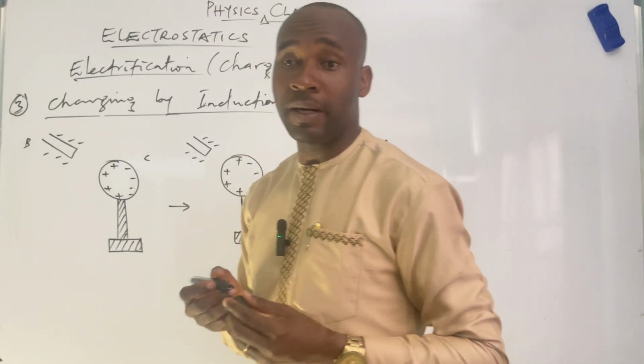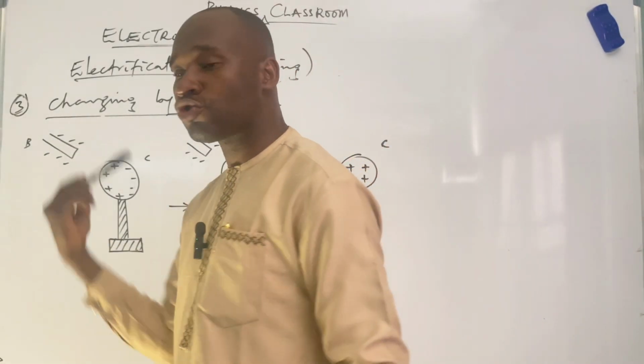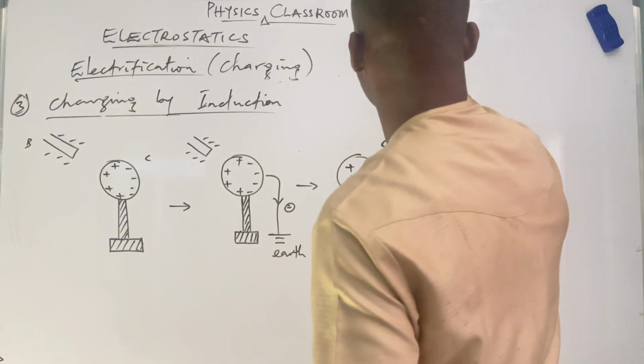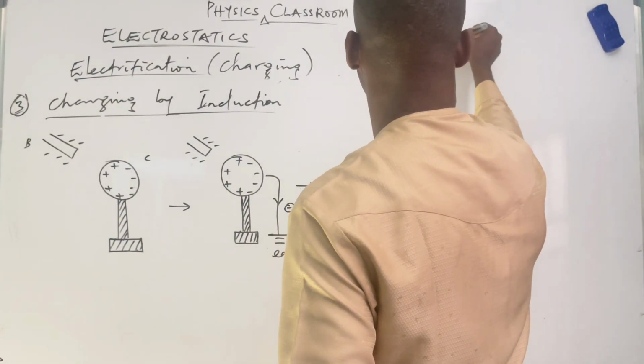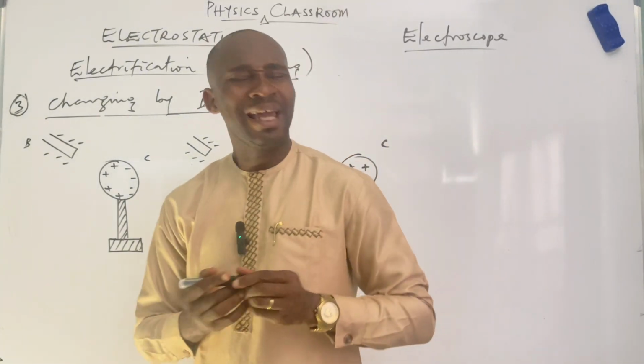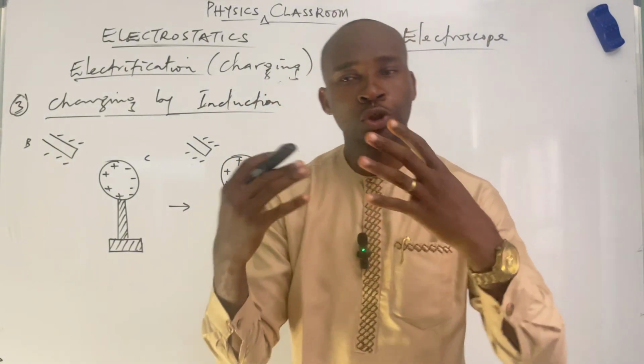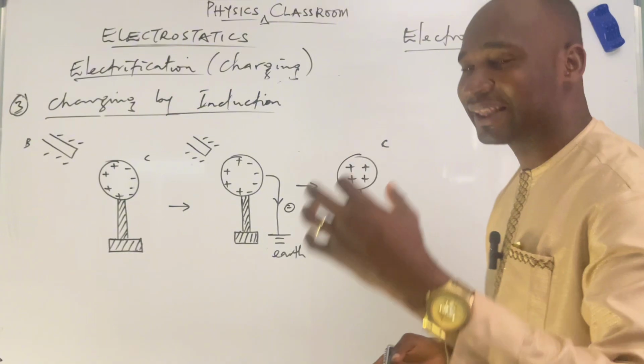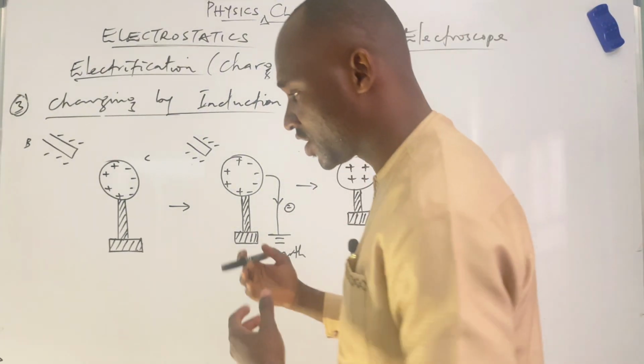Now, we are going to be talking about some basic instruments used in this study. The first one is what we call the electroscope. What is the electroscope used for? Electroscope is an instrument used to detect or test small electric charges.